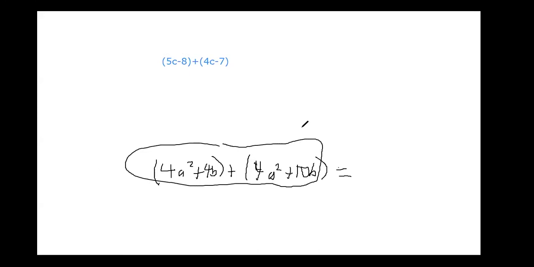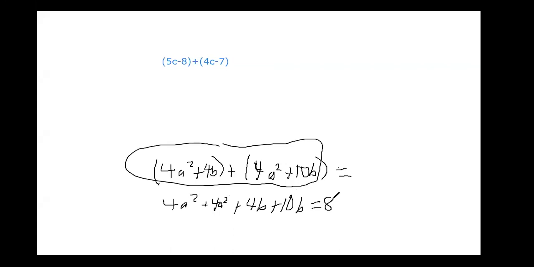Okay, so for this one, all you're doing is you have 4a squared plus 4b plus 4a squared plus 10b. There's a plus, you can get rid of all the parentheses, so it ends up being 4a squared, you can move this over here, plus 4a squared plus 4b plus 10b.